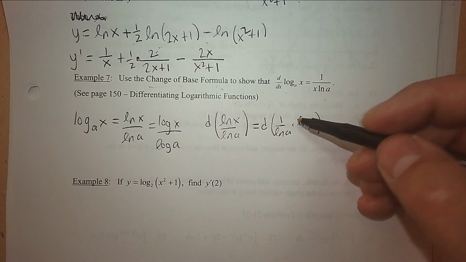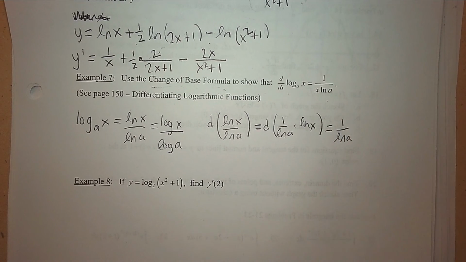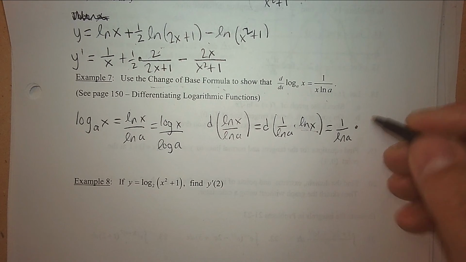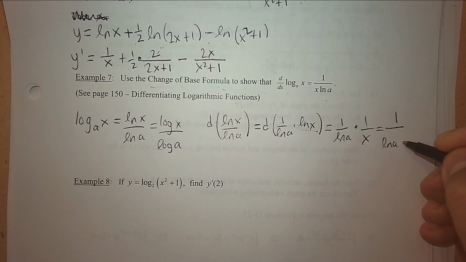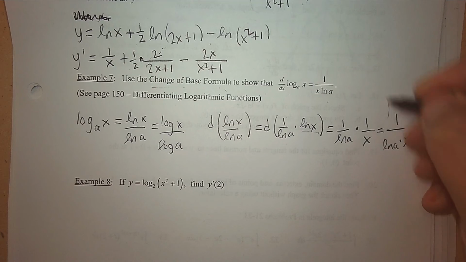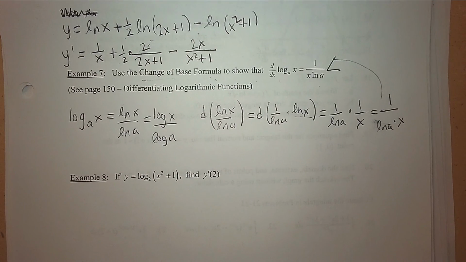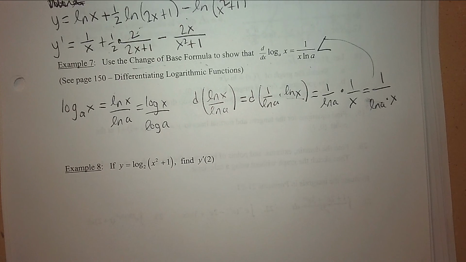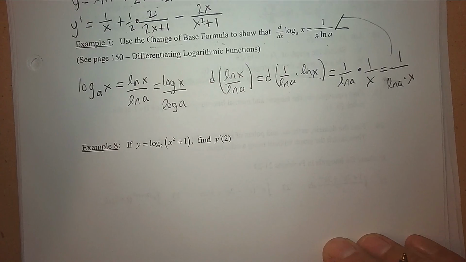So when you take the derivative, do I need to worry about 1 over ln a? That's just part of that derivative, right? 1 over ln a. What's the derivative of ln x? And then when I put it together, what do you have? Ln a times x, or x times ln a, right? Does it equal what the formula is? Yes. Do you really care where it comes from? No, but I'm still given sometimes, right? I care more that you can apply it, but it's nice to see where it comes from.